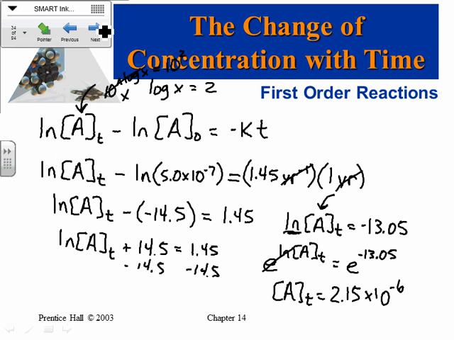Okay, and again, this is going to be the same concentration as we had before. You kind of get your concentration back at the end here. I know that's weird. Does that seem like a reasonable number? 2.15 times 10 to the negative 6.